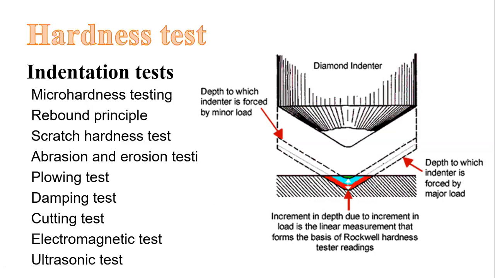The relationship of the load to the area or depth of the indentation is a measure of hardness, such as in the Brinell, Knoop, Rockwell, and Vickers hardness tests, in which, as you can see here in the image, you will have a diamond indenter and the measure of the area that was indented is a measure of the hardness of the material.